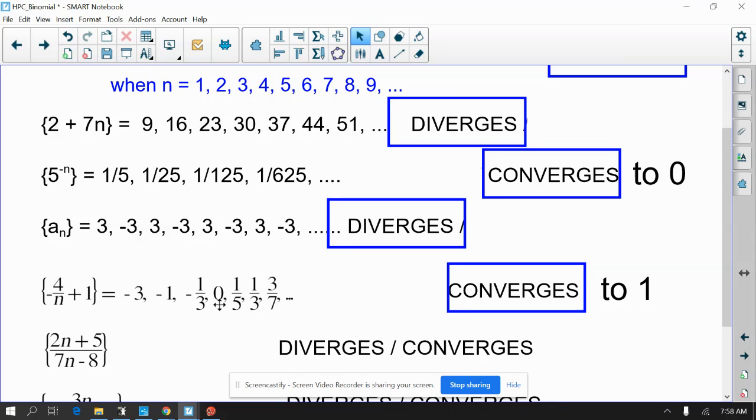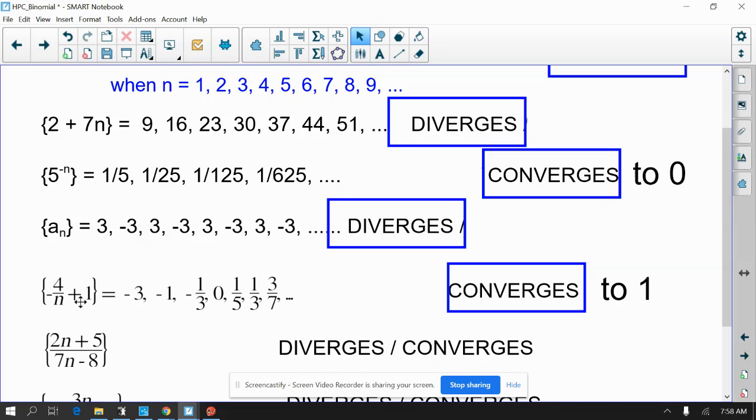Again, because when n gets large, like even if n is 100, or maybe 100 isn't big enough. Maybe if n is 1,000, do -4 divided by 1,000. That's a really small number. It's -0.004. And if I add 1, it's really close to the number 1. If I add 1 to that, it's 0.996.